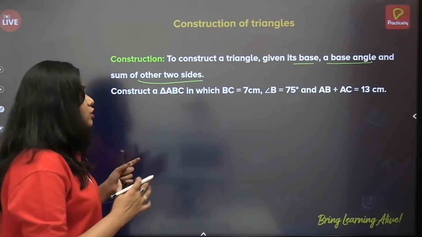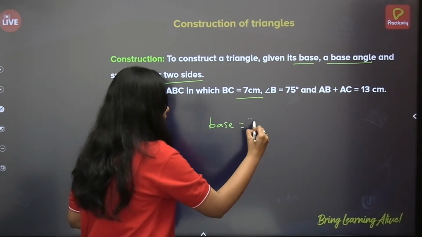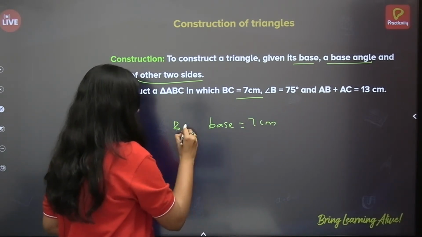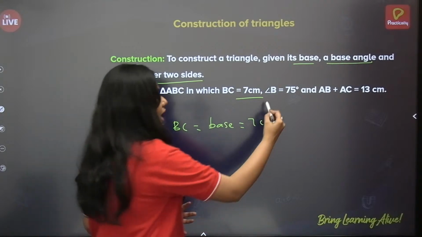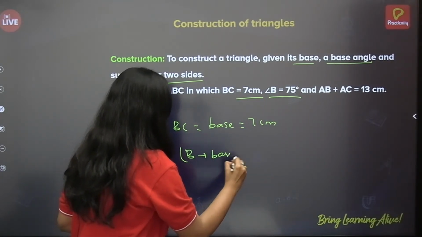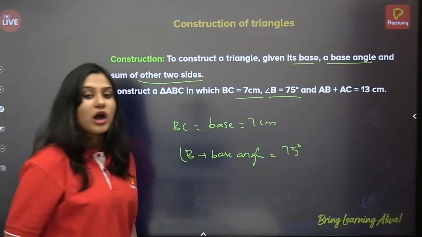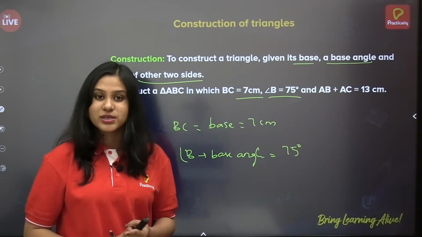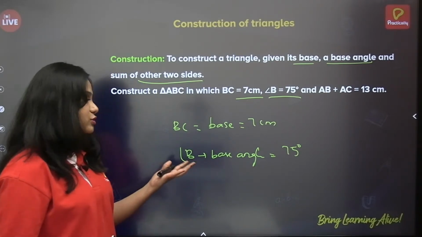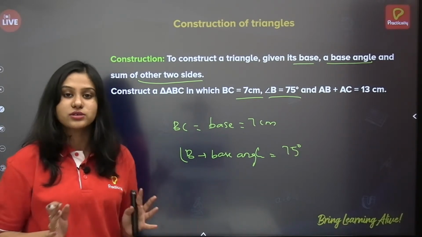This is base. Base is equal to 7 centimeters, that is BC. And what is the base angle? Angle B, that is nothing but base angle. How much is this? 75 degrees. Now, you know how to construct 75 degrees without using protractor, correct? So, you have to use it in the same way. Until and unless it is mentioned, you can use protractor, no issues.